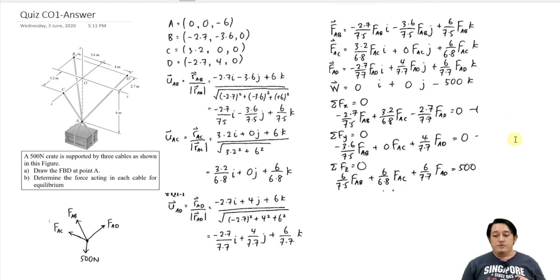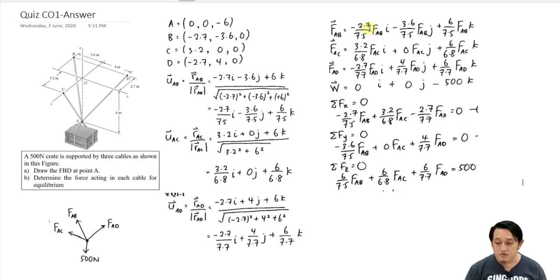The next step is for you to combine all the forces. Because it is in equilibrium, the total of force is equal to 0. If it is equal to 0, it means that the total of force in the X direction equals 0, the Y direction equals 0, and the Z direction also equals 0. And here, i represents the X direction, j represents the Y direction, and k represents the Z direction.